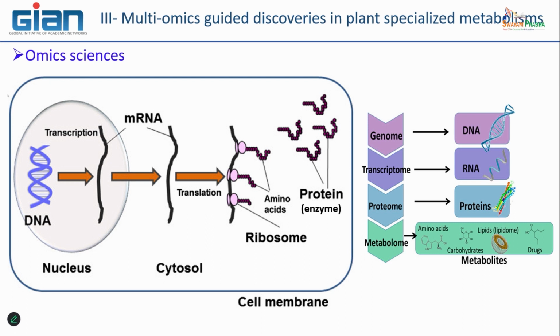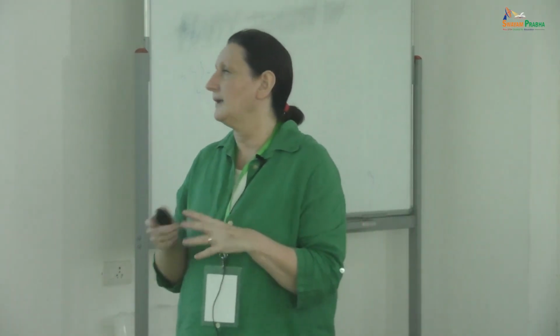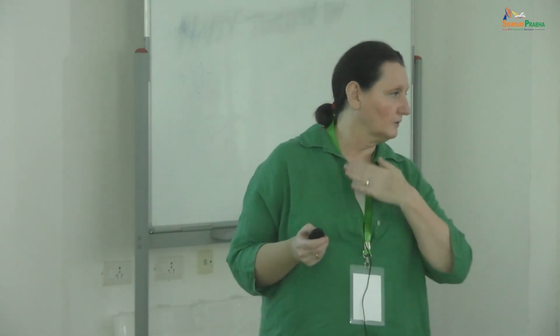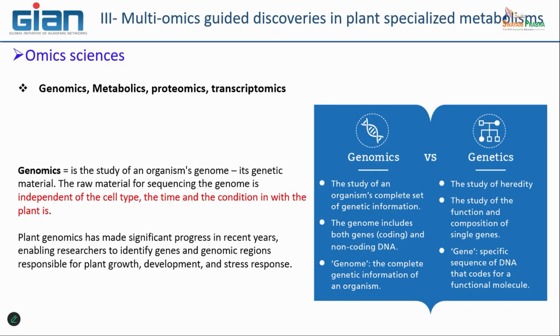What is also true is that genomics, metabolomics, proteomics, and transcriptomics, which are the main omics sciences that we are using in our workflow, are not exactly at the same level. For example, genomics is the study of the organism's genome, the entire genome.